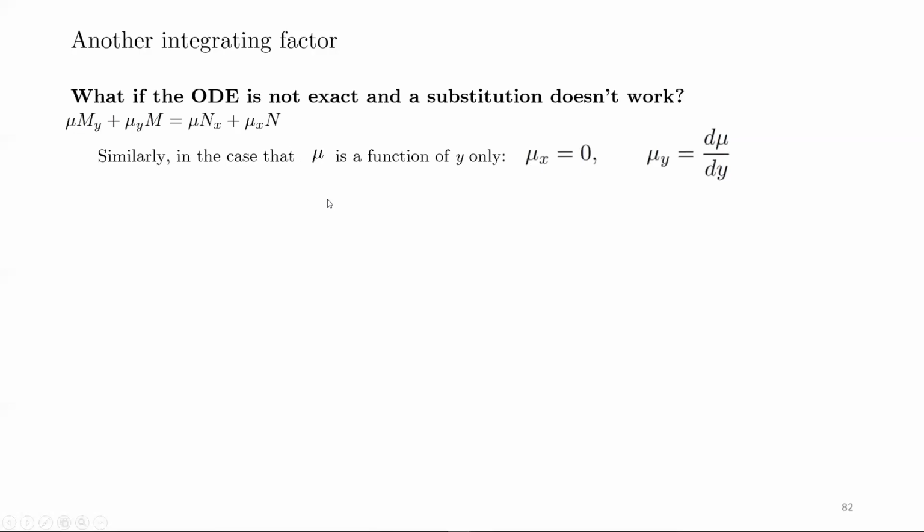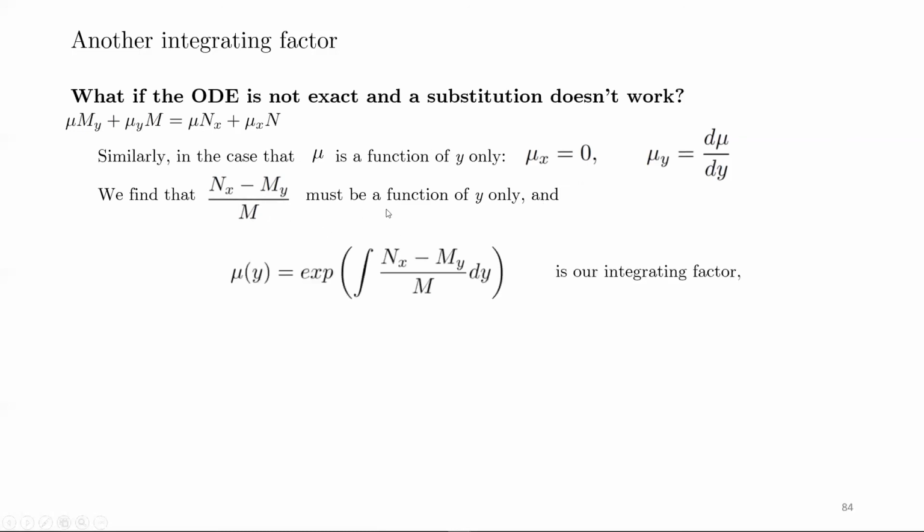We can follow the same steps as we did previously for when mu was a function of x only, and we find that the fraction, the partial derivative of n with respect to x minus the partial derivative of m with respect to y, divided by m, must be a function of y only, and the integrating factor turns out to be the exponential of the integral of that ratio with respect to dy.